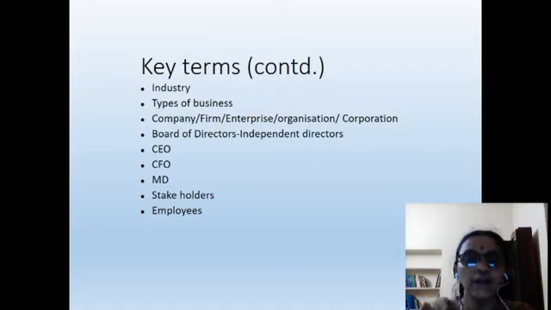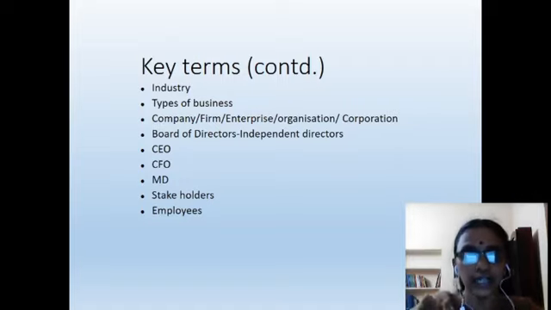A company or firm or enterprise or organization or corporation is an entity involved in trading activities in which raw materials or resources are transformed into useful products and services, in tune with the objective of the business.